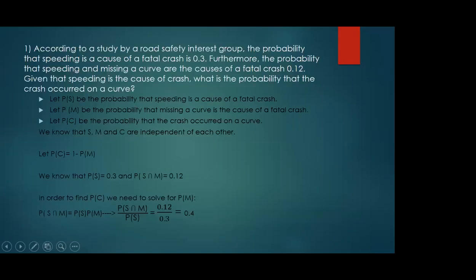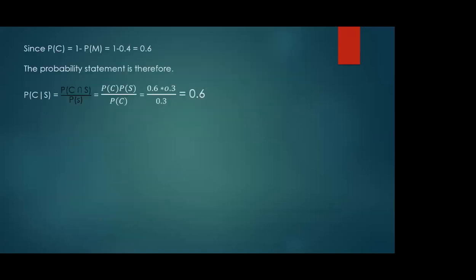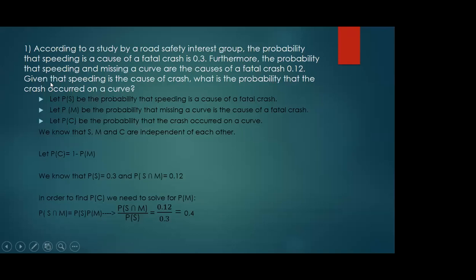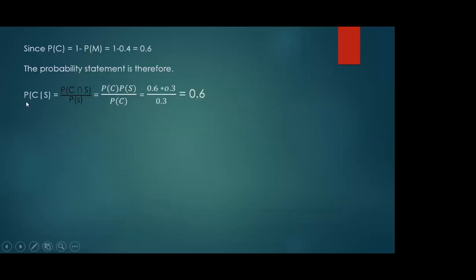Remember that our question was, given that speeding is the cause of a crash, what is the probability that the crash occurred on a curve? So now we write our probability statement. The probability that, given that speeding is the cause of a crash, the crash occurred on a curve.